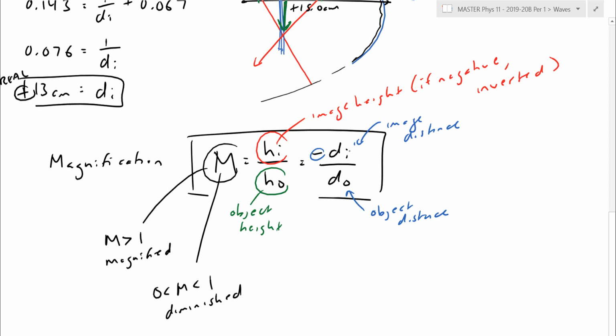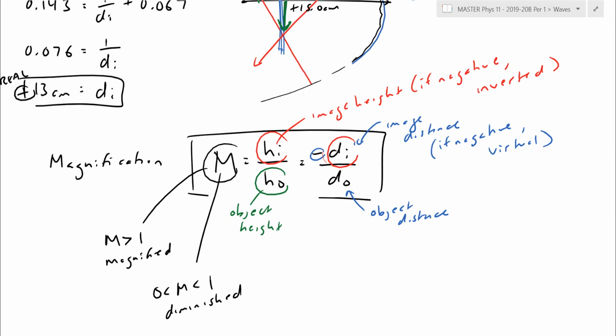And if we saw negative for di, it meant virtual. So I should put that down as well. Image distance, again, if negative, those are the ones that can be negative, it is a virtual image. It means the image is actually just my brain playing tricks on me. I think it's actually hitting inside the mirror when no real light rays are actually going through there.